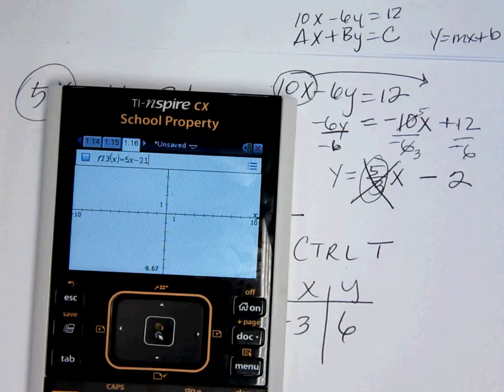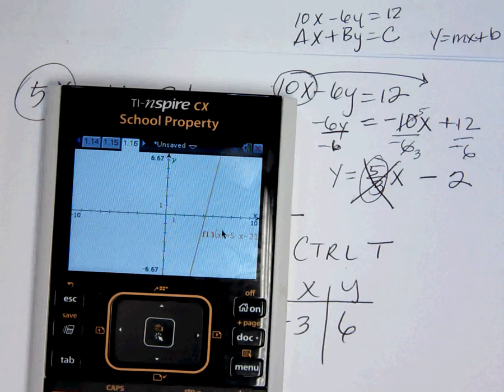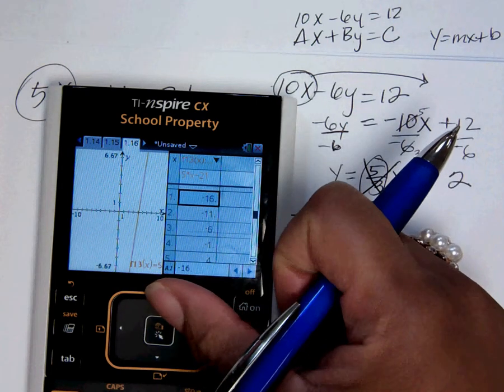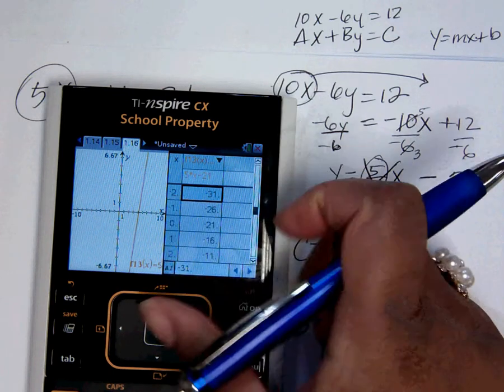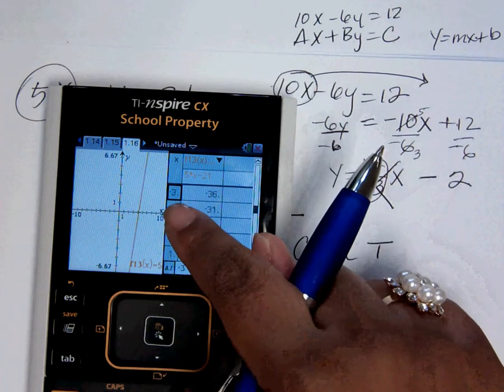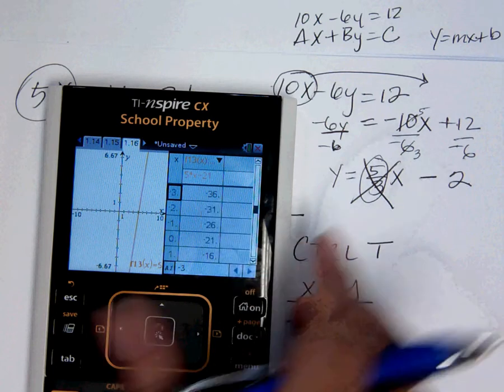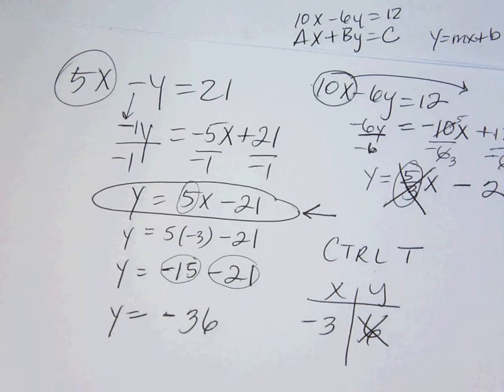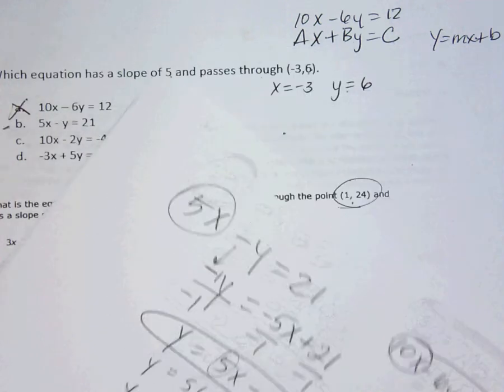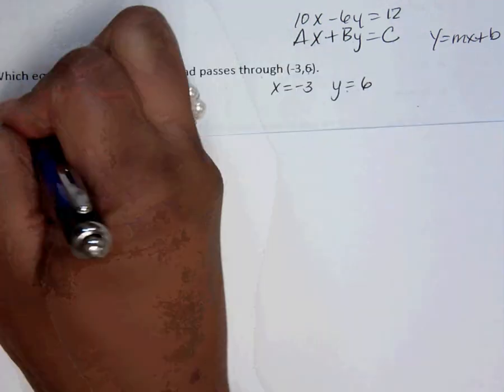That's the right equation. Control-T. And to get the negatives, we have to go up. The x's are positive down here, and x's are negative at the top. And for -3, we got -36, which is what we got by hand. So that's good. It clarified that it is not 6. It is -36. So B is not right.